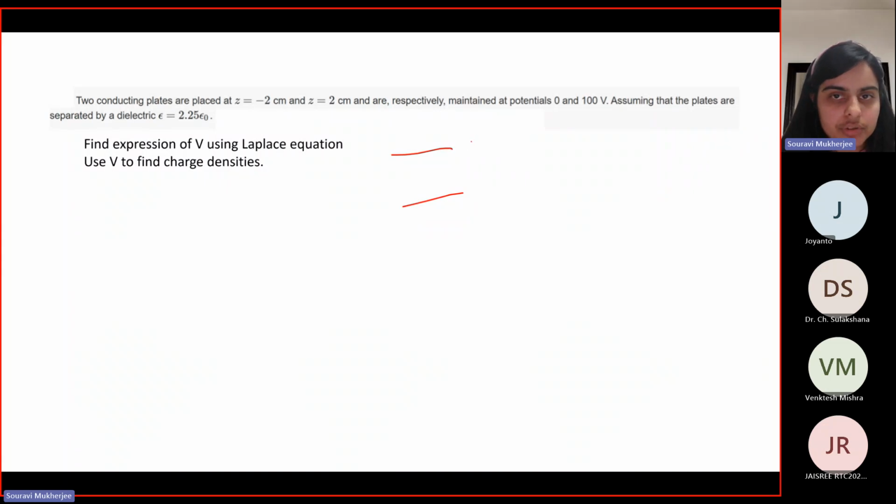There you have to use the relation sigma is equal to minus epsilon del V del Z, and you know the expression of del V del Z.